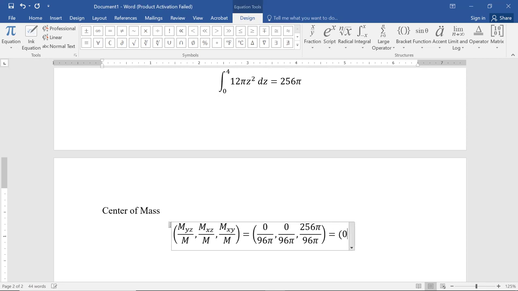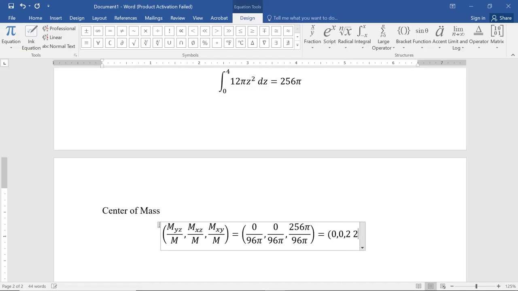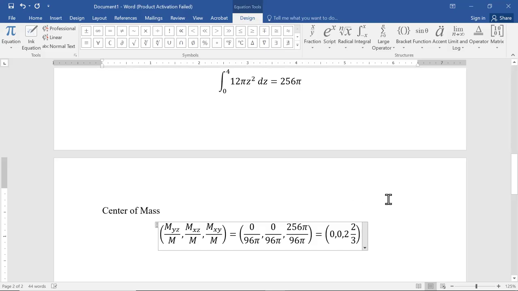So the center of mass is 0, 0, and then 256 over 96 is 2 2/3, or 2.67. So that's the center of mass of that object.